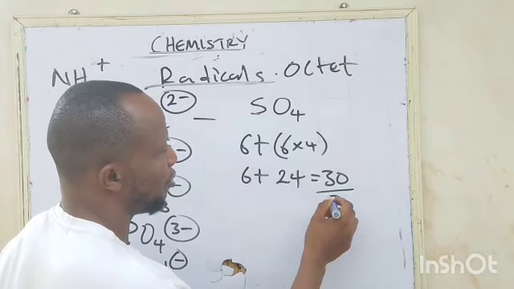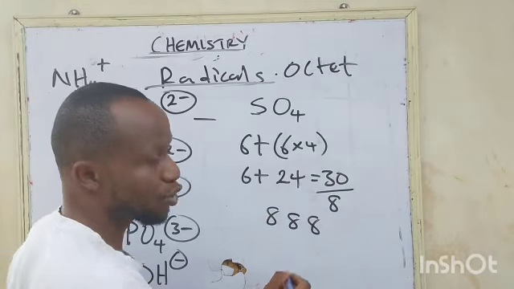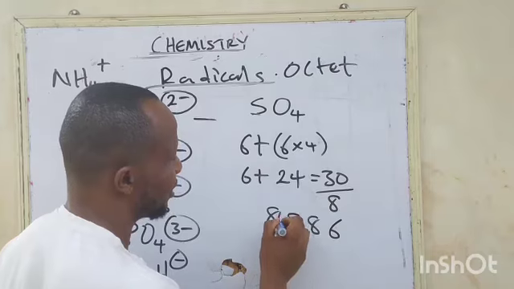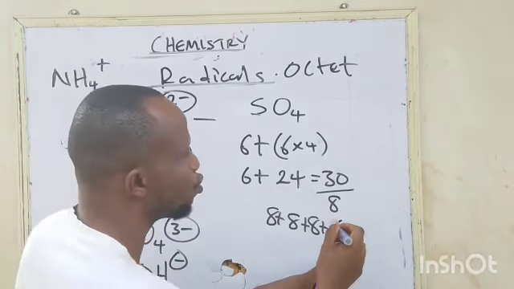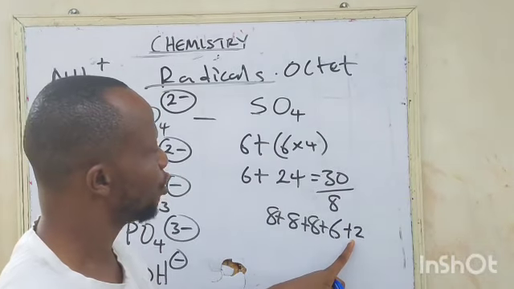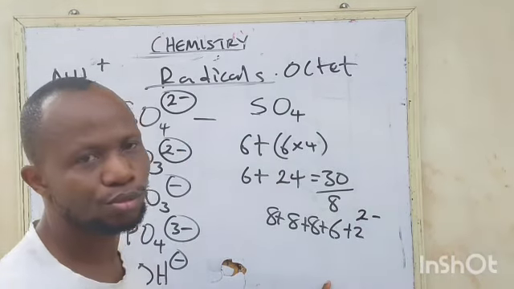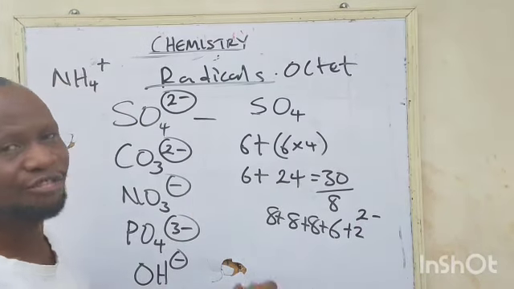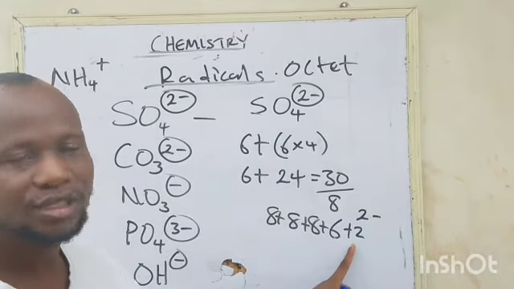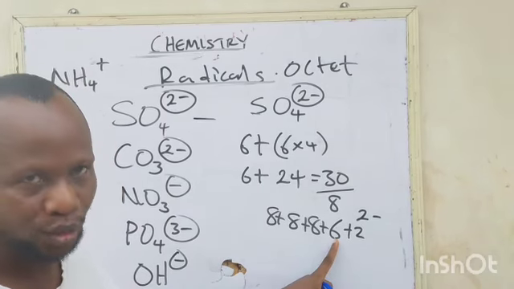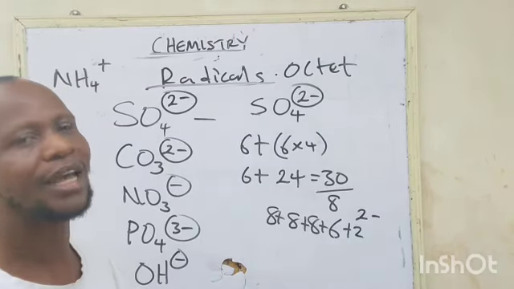So there will be 8 three times, 8, 8, 8, 24, and 6 remaining. What is left to complete the last octet is 2. So 2 is missing. That is why we have 2 minus. The charge is 2 minus because 2 remain to complete the last octet for SO4, having added up the valence electrons.